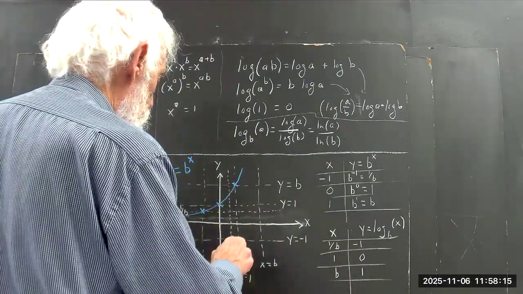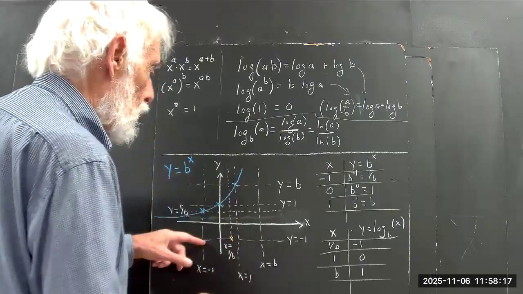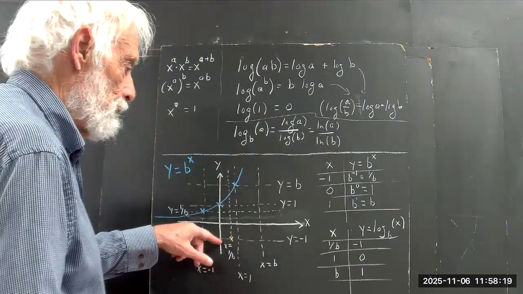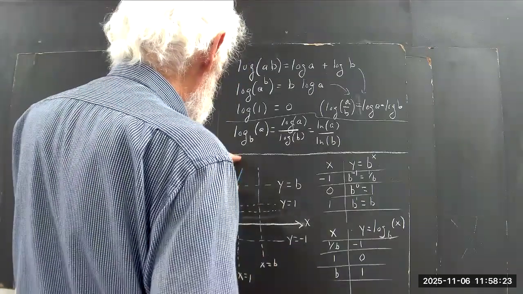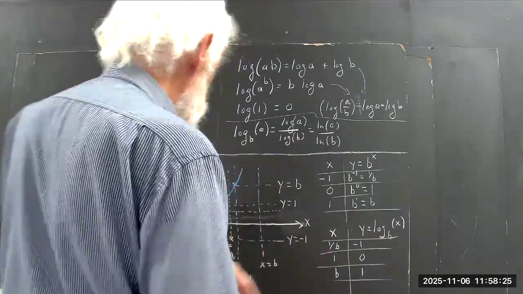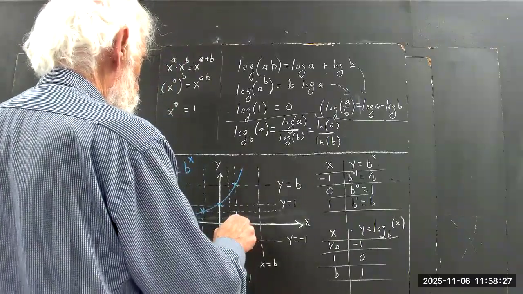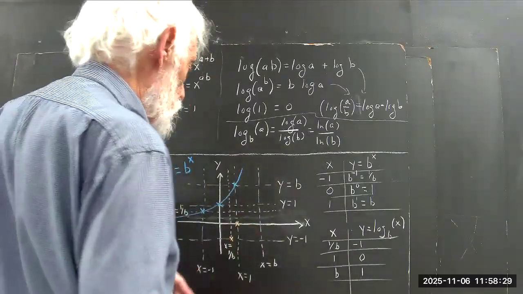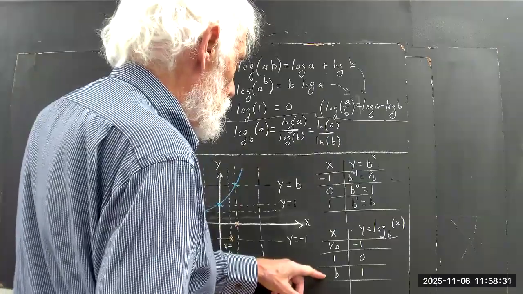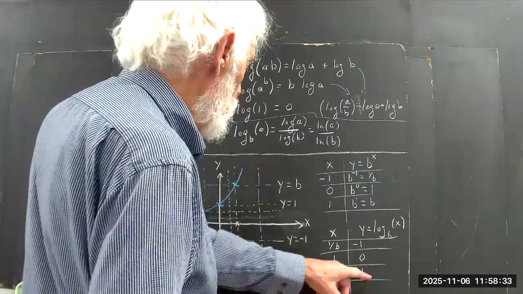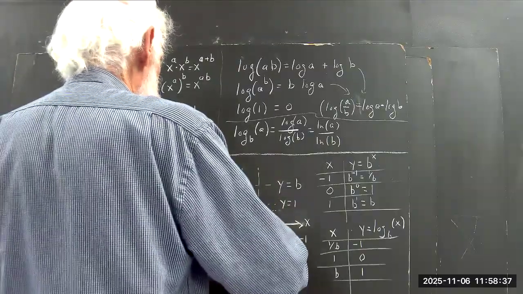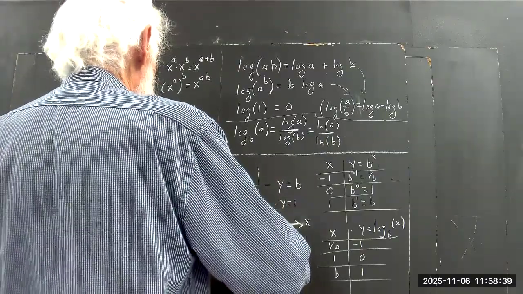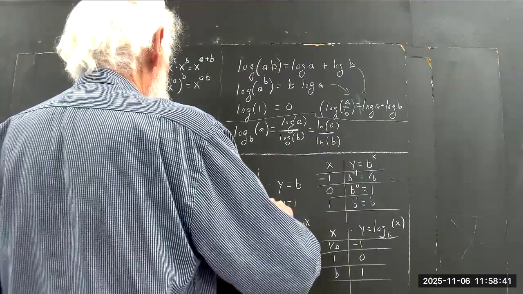Here it is. And y equals -1, x equals 1. That's on this line. Y equals 0 is through the x-axis. And then when x equals b, y equals 1. And we have this point. And now we have a curve that looks something like this.